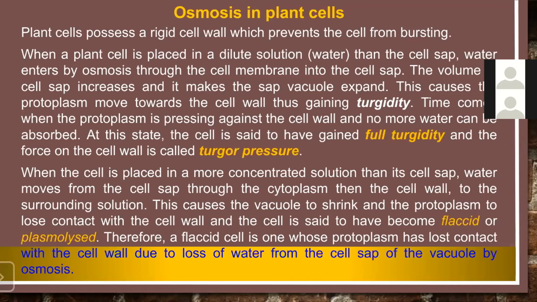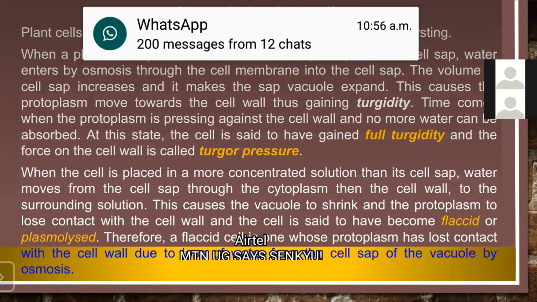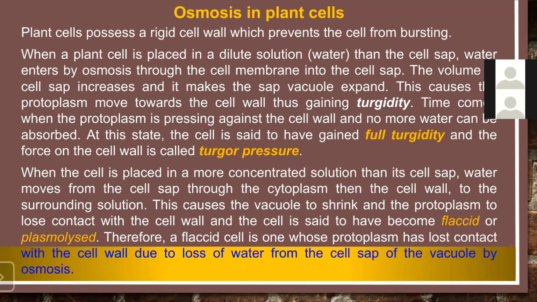When the cell is placed in a more concentrated solution than its cell sap, water moves from the cell sap through the cytoplasm, then the cell wall to the surrounding solution.